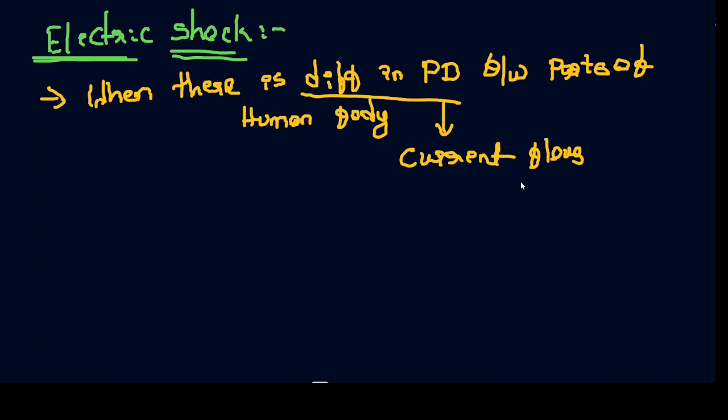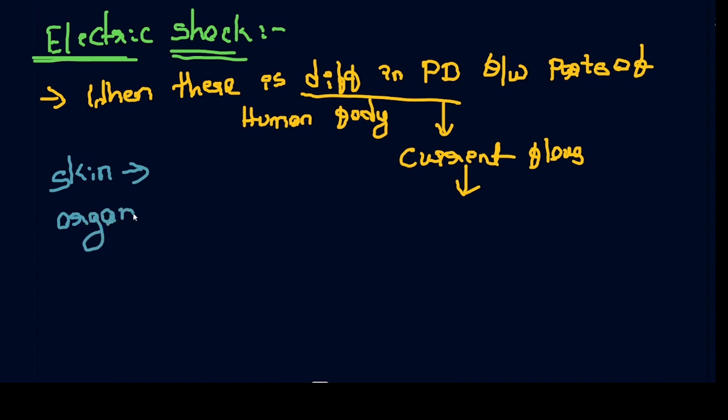But through which path does the current flow? The current can have two paths when it comes to the human body. It can pass outside the body, that means through skin. But it also has one more path, that is our organs.